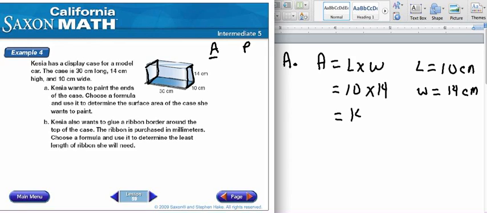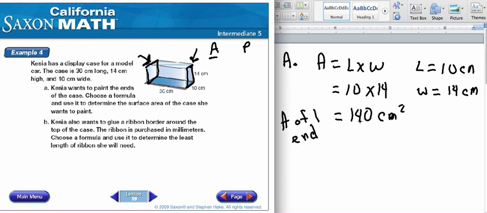10 times 14 is 140 centimeters squared. Now, actually, I don't want to box this because this is the area of one end. However, she wants to paint both ends.